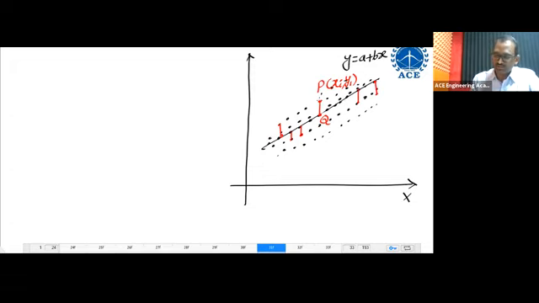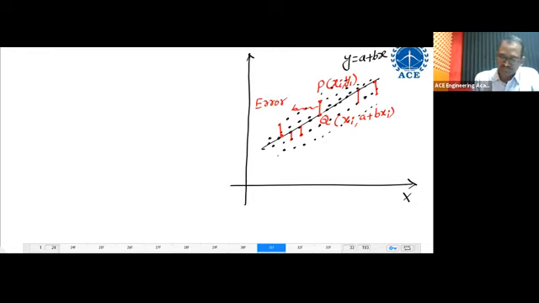Now this point P is xi, yi, and both P and Q lie on the same line. So the x coordinate is xi here and xi there. Then the y coordinate of Q is a plus bxi, because y is equal to a plus bx. Do you know the distance between P and Q is called error?